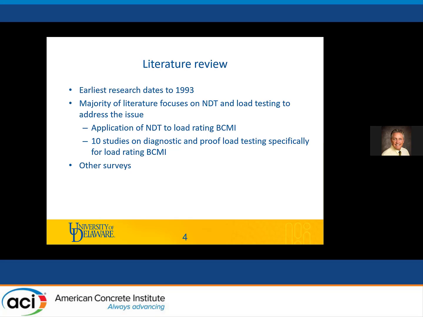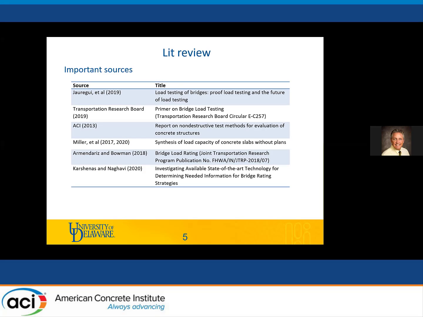There were also a few other surveys that had been conducted, and those were part of our literature survey. So while a fair amount of research has been done, most of it focused in these key areas, NDT and load testing.